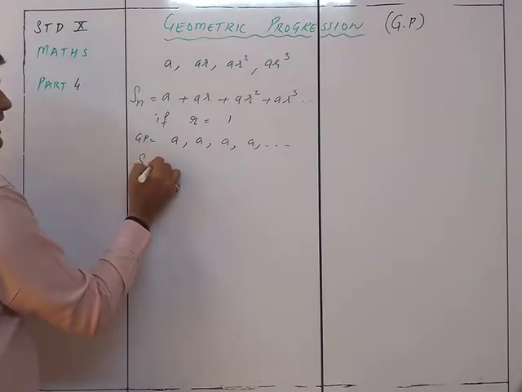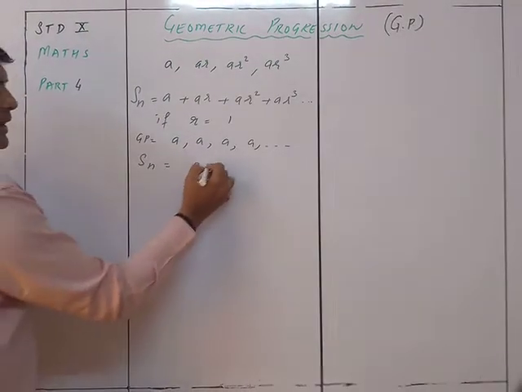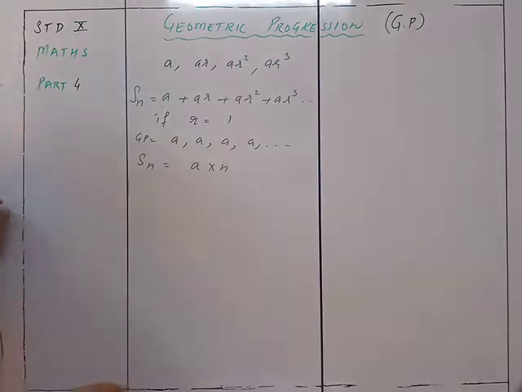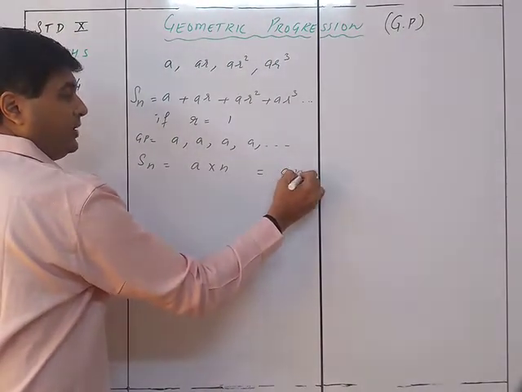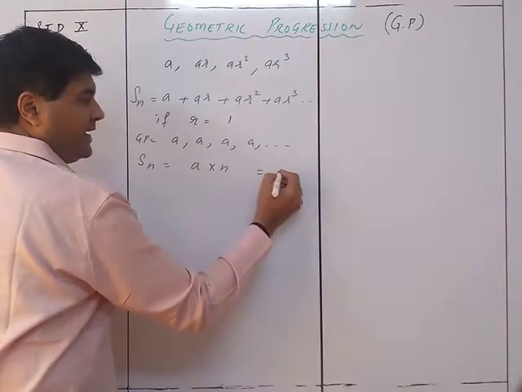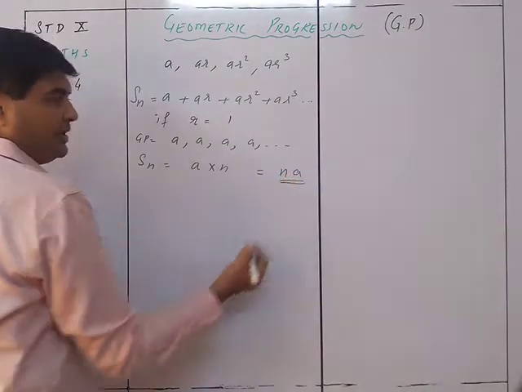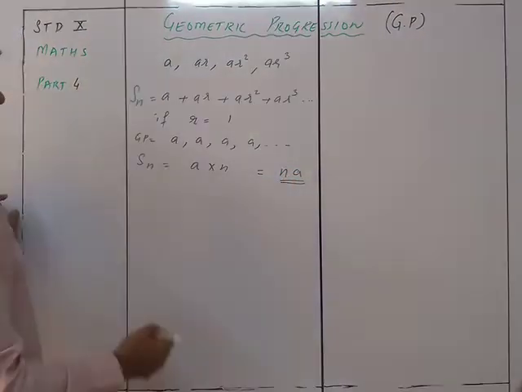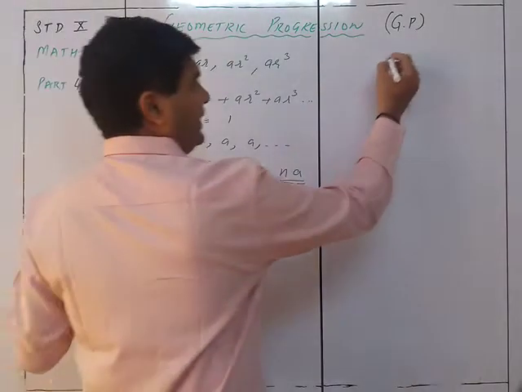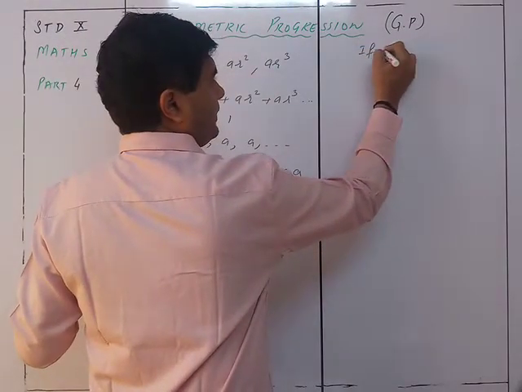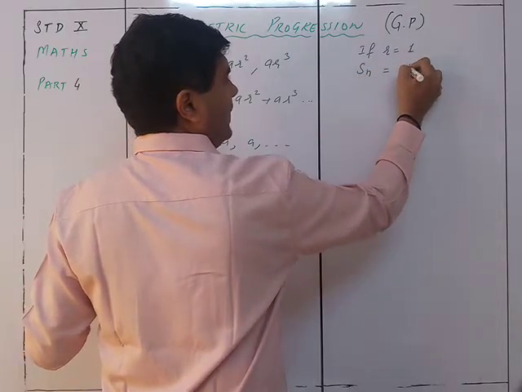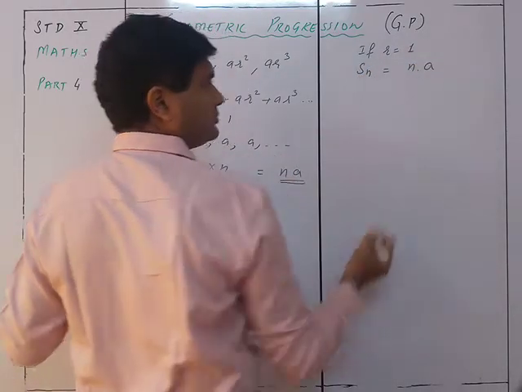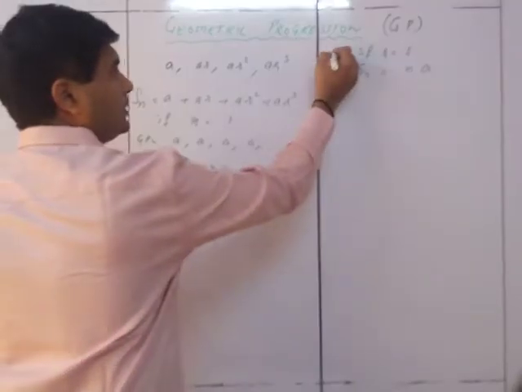Therefore, Sn will be equal to A into N. It is just a simple thing: Sn will be equal to N times A. So we get the first formula: if R is equal to 1, Sn is equal to N into A. That's the first formula.